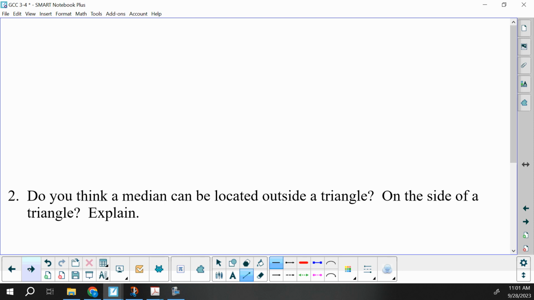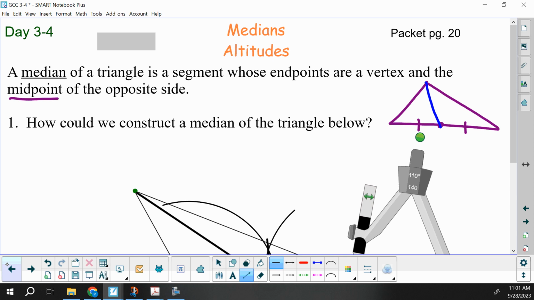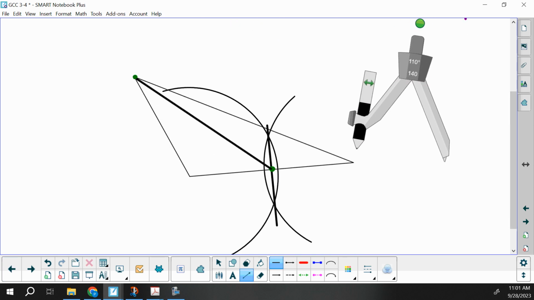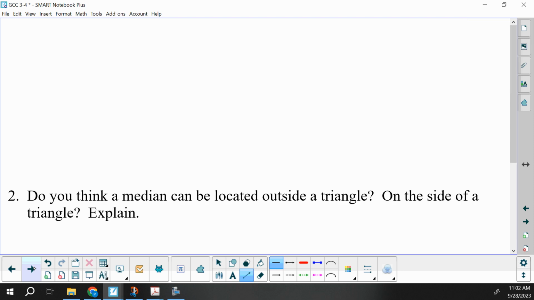On the bottom there, it asks if our median could be located outside of the triangle. Well, if it has to go from the vertex and go to the midpoint of the opposite side, the only way to get there is to travel through the inside of the triangle. So for this one, do we think it could happen?